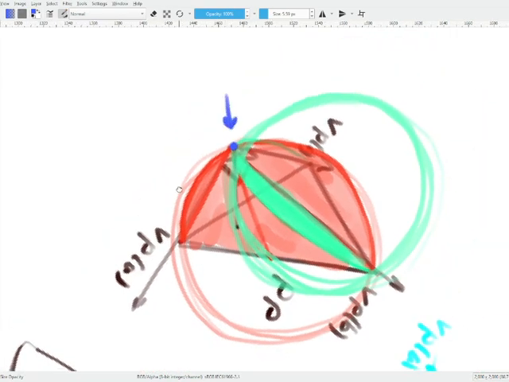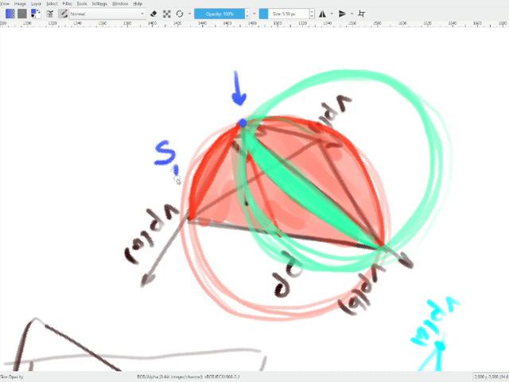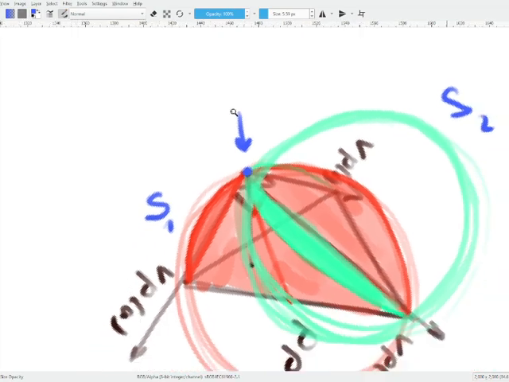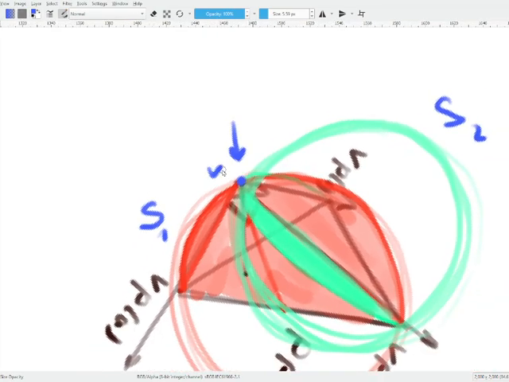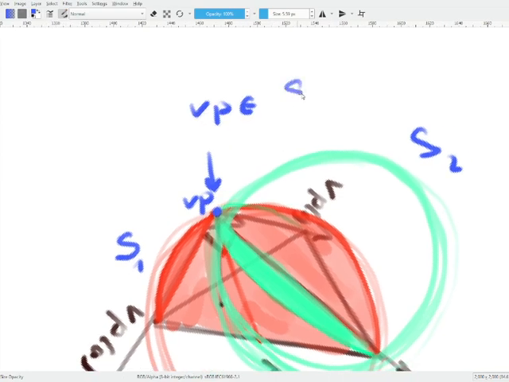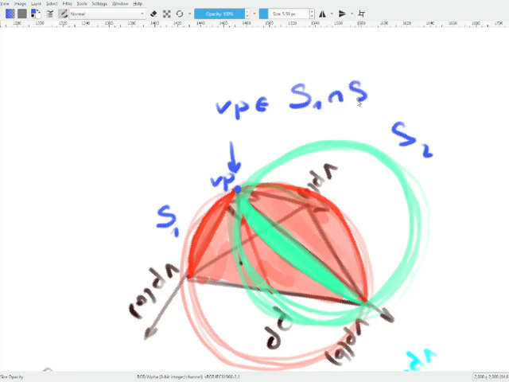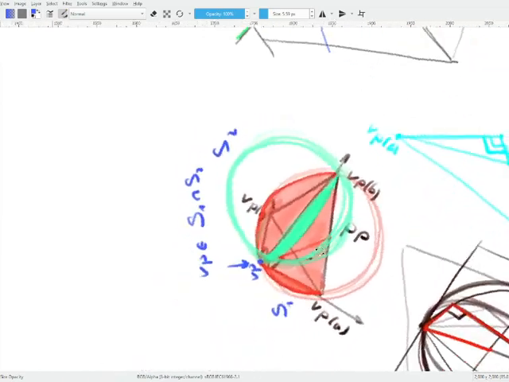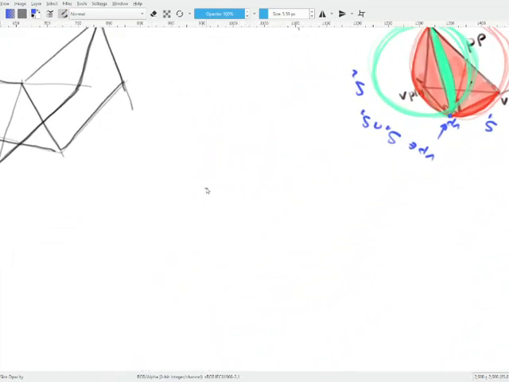So we have some spheres. For example, this is sphere 1, this is sphere 2, and the point lies on the intersection. This point, the viewer position, belongs to the intersection of sphere 1 and sphere 2. But when we have two spheres and we intersect them with each other, we have a full circle.